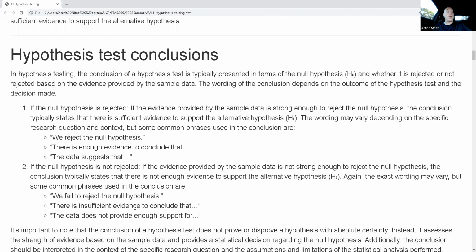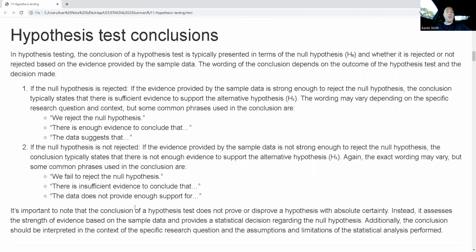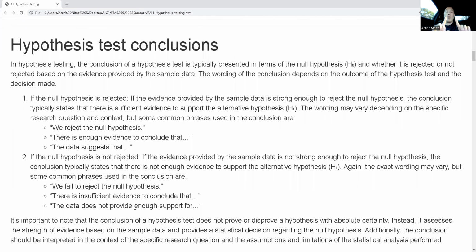All right, so you'll notice that the wording I've been using for the conclusions is kind of unusual. And so I want to go over that now. In hypothesis testing, the conclusion of a hypothesis test is typically presented in terms of the null hypothesis and whether it is rejected or not rejected based on the evidence provided by the sample data.